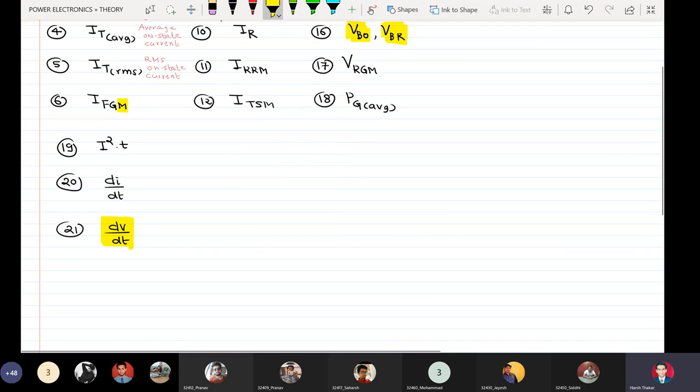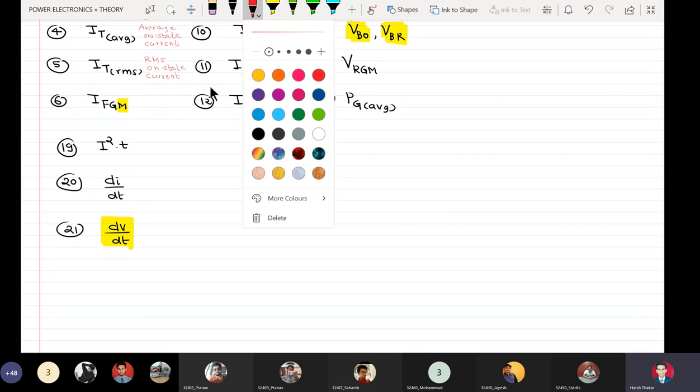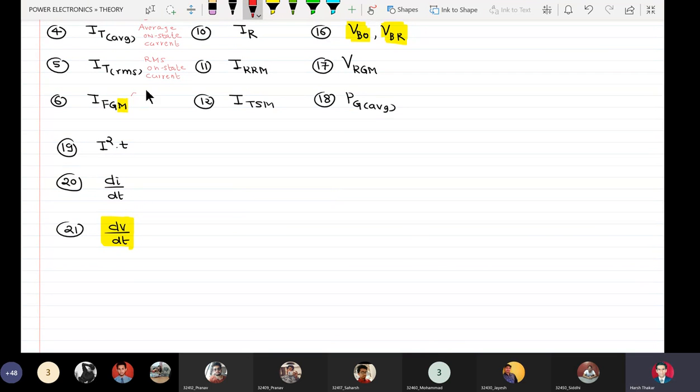You always read the alphabets from right to left. So first we read M for maximum, G for gate, and F for forward.